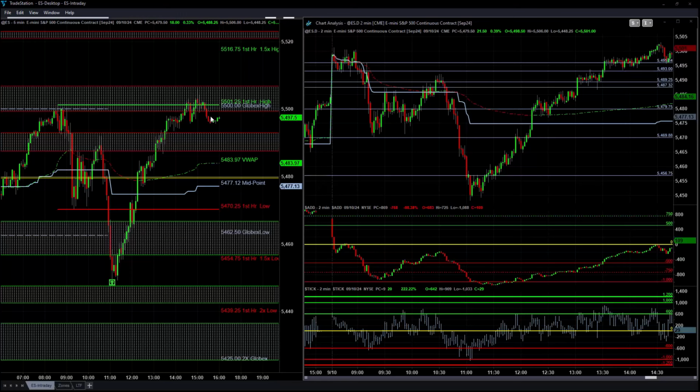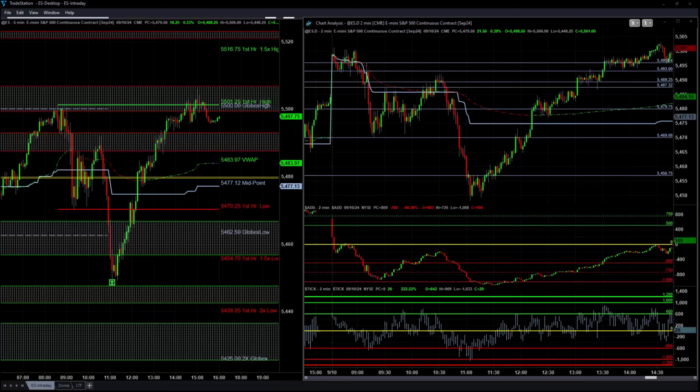But similar to yesterday, we did not have any major economic report out today that could serve as a catalyst for a big directional move. So we just continue to consolidate within a range. Now we have the presidential debate later on today, so who knows, that might move the market a bit. But so far, we haven't really had any major catalyst that can push the market one way or the other.